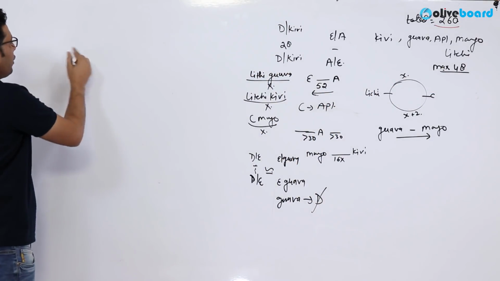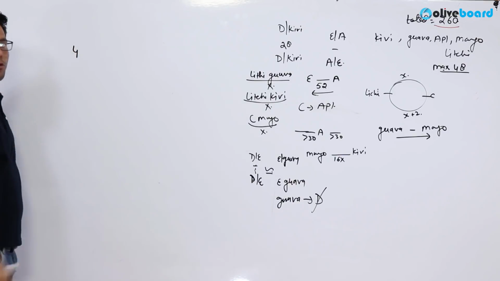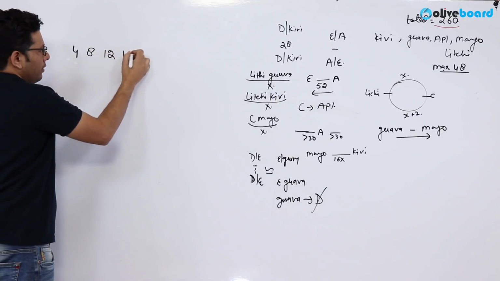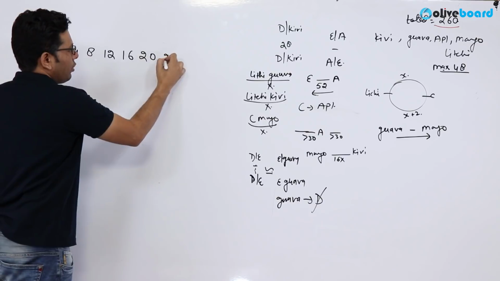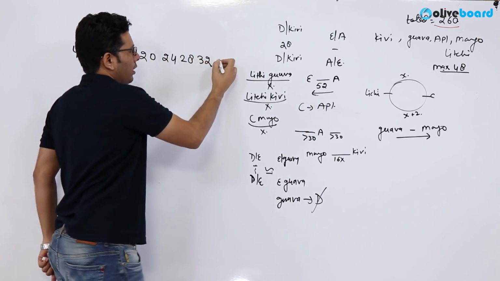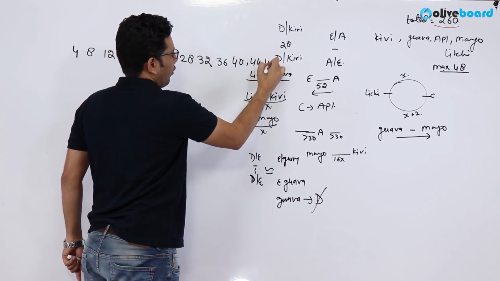So which combinations can we have? One combination I can have starts from 4 itself: 4, 8, 12, 16, 20, 24, 28, 32, 36, 40, 44, and 48.